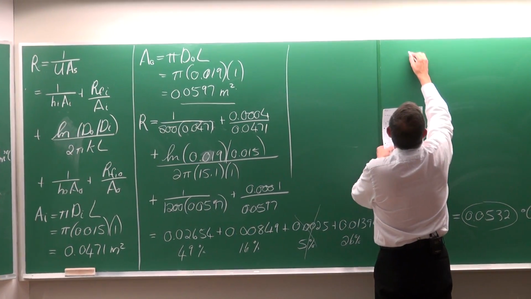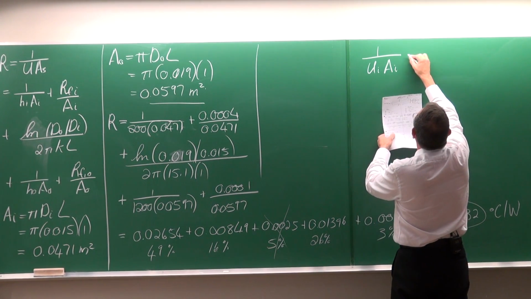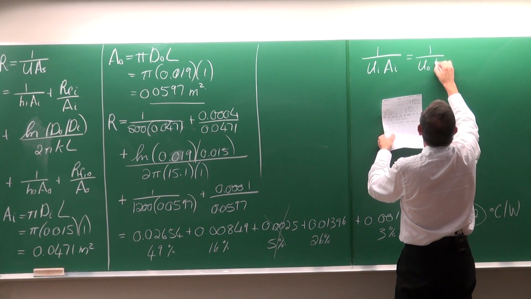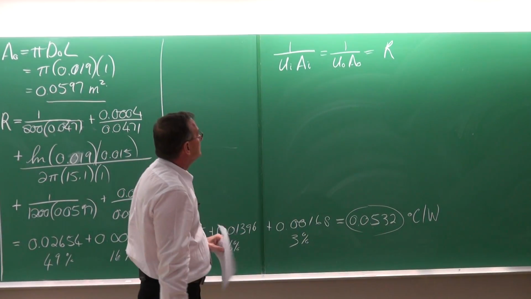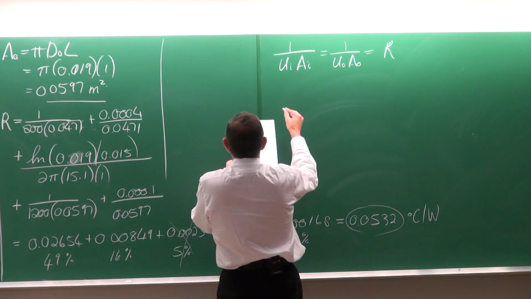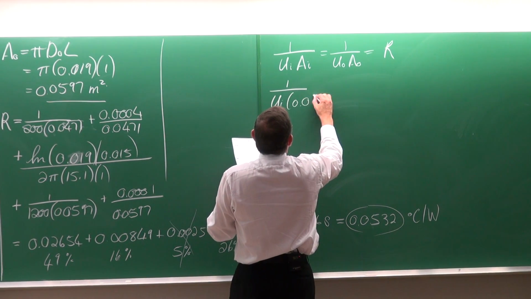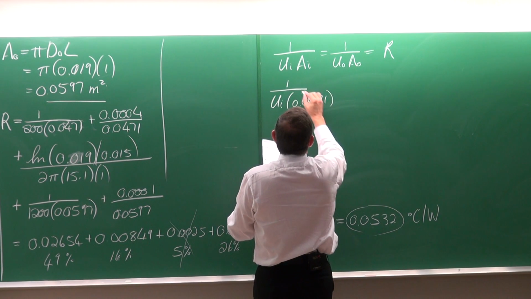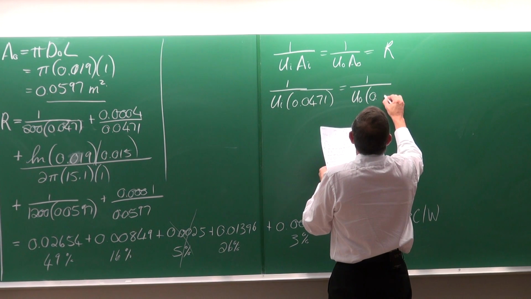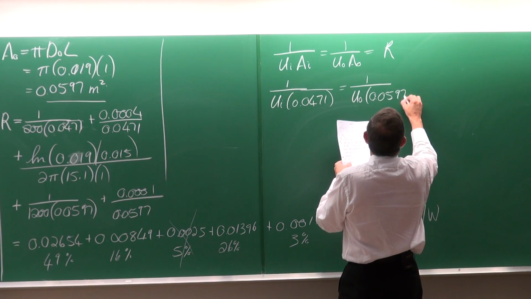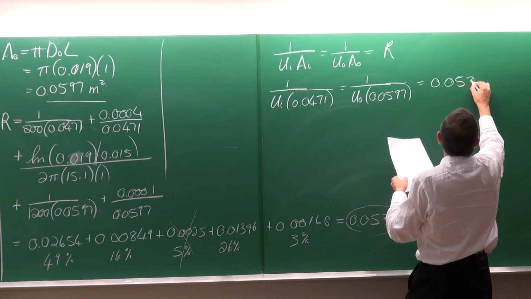Let me write here. And remember, 1 divided by the heat transfer coefficient on the inside, area on the inside, is 1 divided by the overall heat transfer coefficient, area on the outside, is equal to R. And that R is equal to 0.0532. We're going to work it out just now. The heat transfer coefficient on the inside, the area on the inside, 0.0471, is equal to 1 divided by the heat transfer coefficient on the outside, area on the outside, 0.0597, is equal to the total resistance, which is equal to 0.0532.